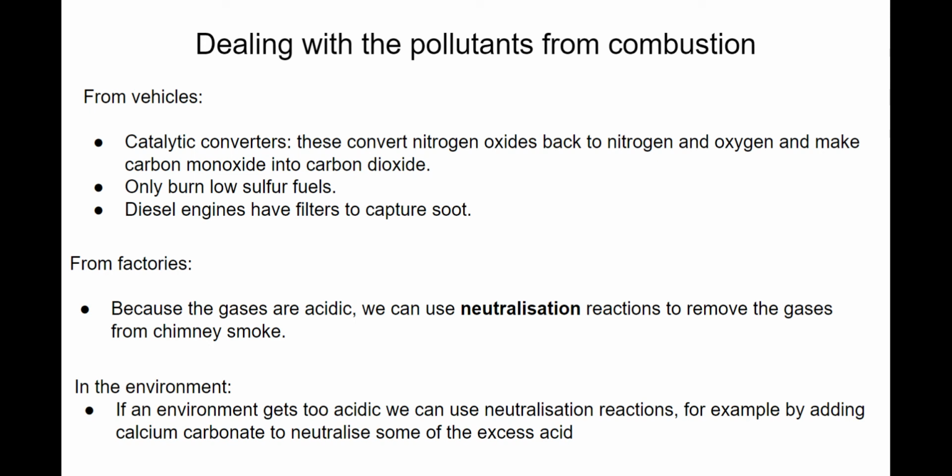You have to be very careful doing this, though, especially if you're going to add it to something like a lake or a river which has been subject to acid rain, because it is very easy when you tinker like this to just get it a bit wrong. But that's what we can do to try and undo some of the damage caused by acid rain.